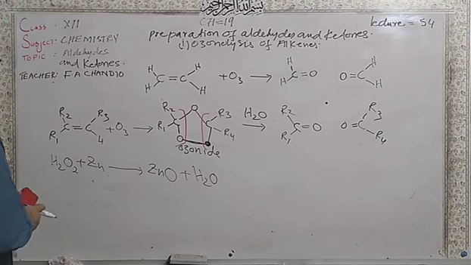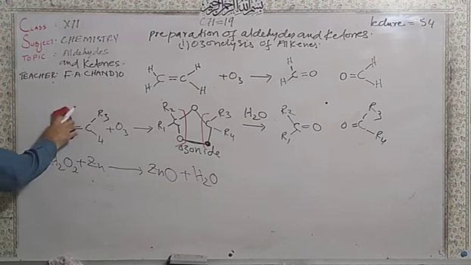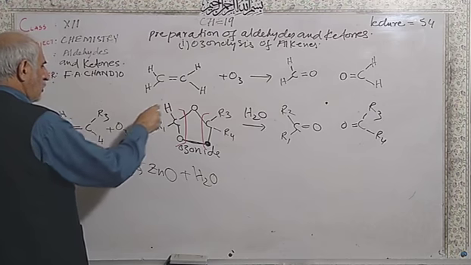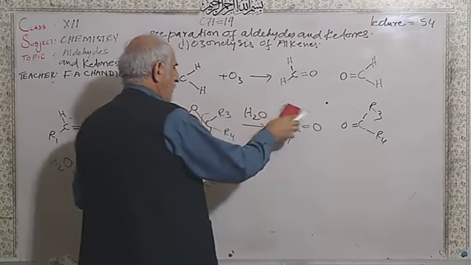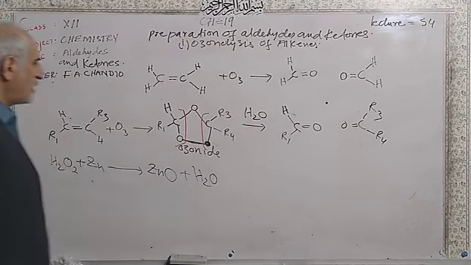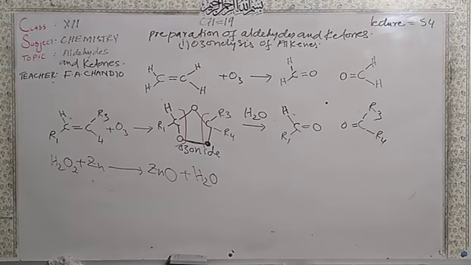And if you have hydrogen here, then you will get it like this. So in this case you will get one aldehyde and another ketone. It is your choice what the nature of the alkene you are using is.